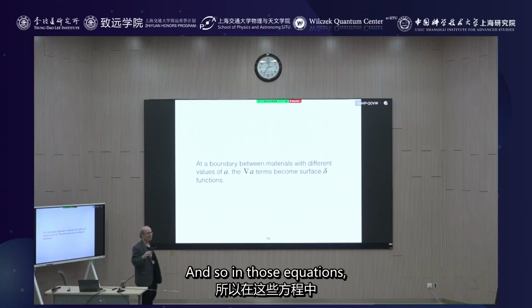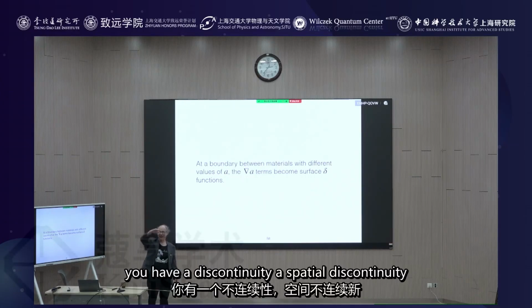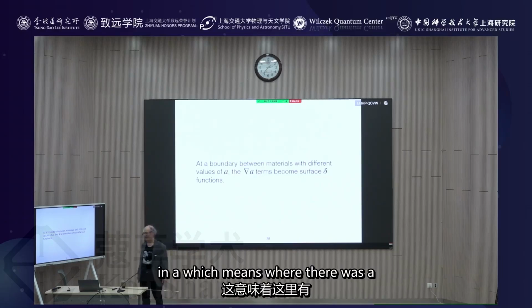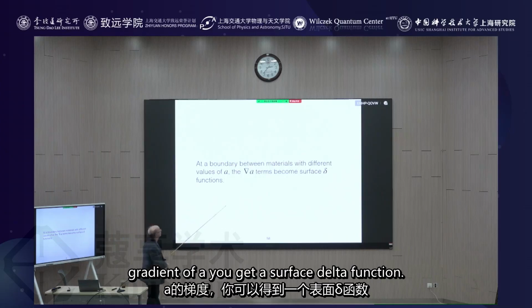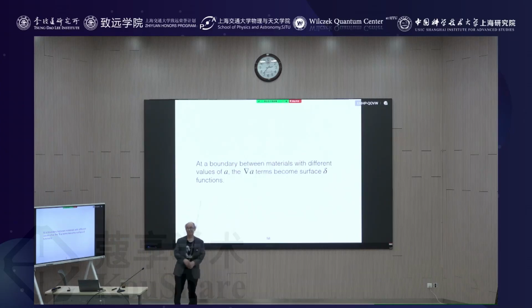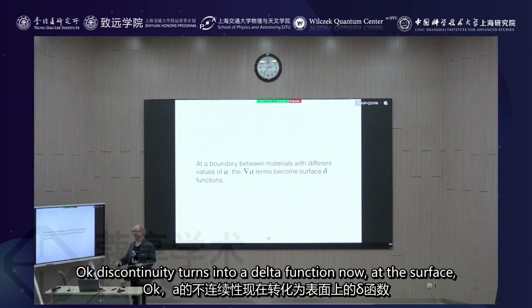And so in those equations, you have a spatial discontinuity in A, which means where there was a gradient of A, you get a surface delta function.